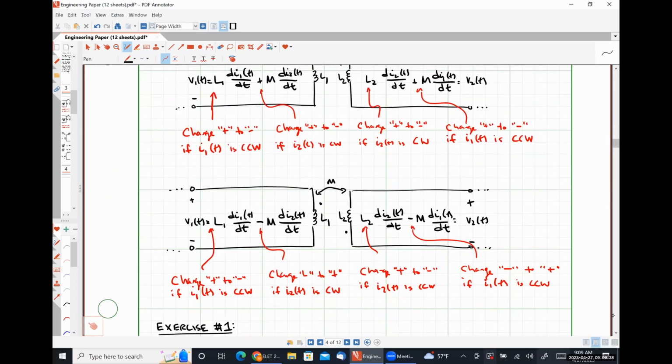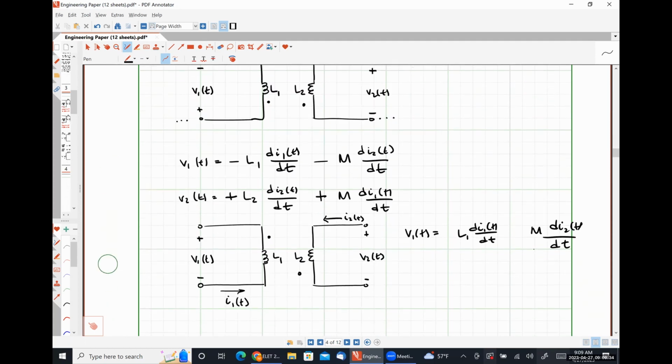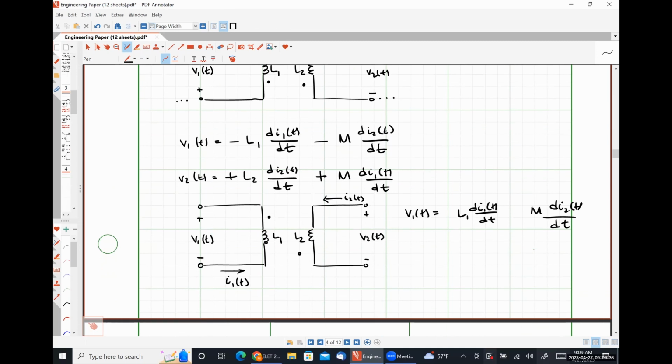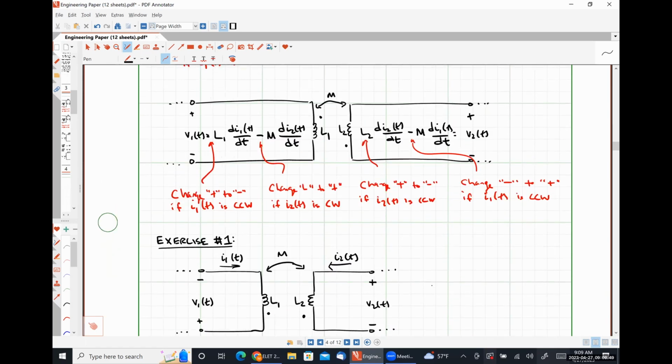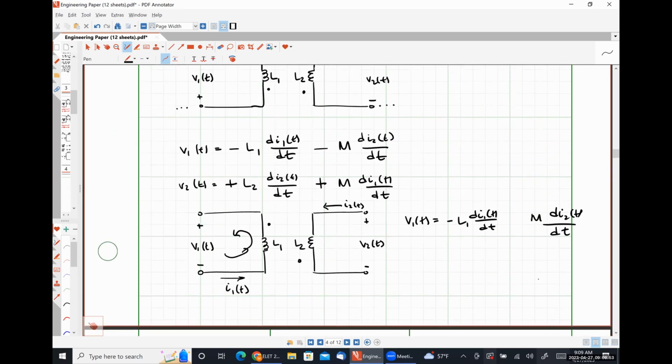Okay. So we change the plus to minus if I1 is counterclockwise. So is I1 counterclockwise? Yes, because it's flowing in this direction around the loop. So we change the plus sign to minus sign. Change the minus to plus if I2 is clockwise.